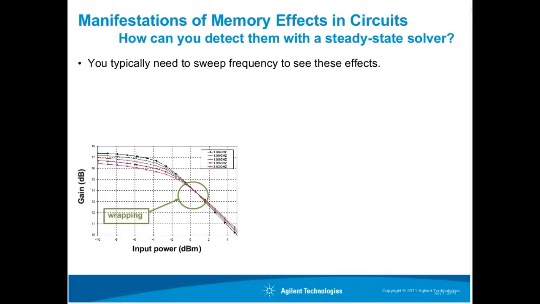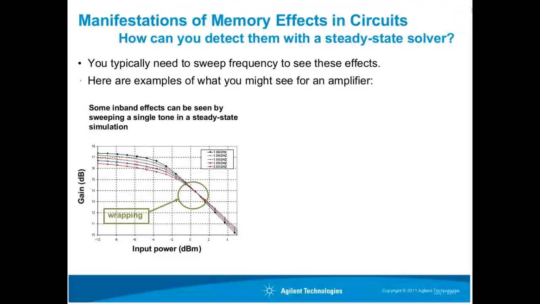So, let's say you have an amplifier. We're showing here, but basically you can see the effect of frequency in your band by doing a single tone sweep. So you can just use one tone and sweep it in frequency so that the bottom curve is your highest frequency and the top curve is the lowest frequency.